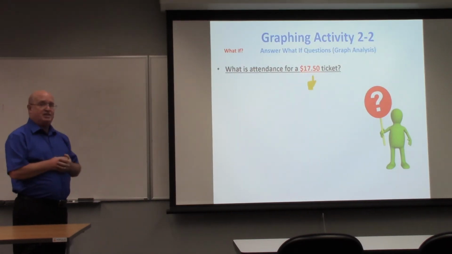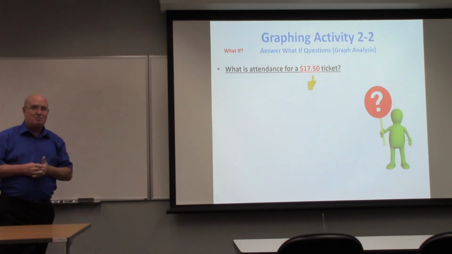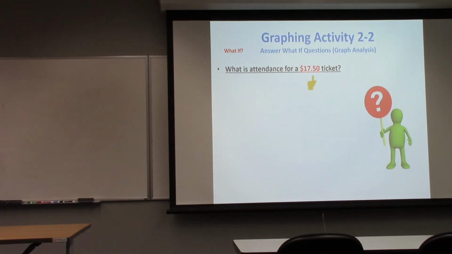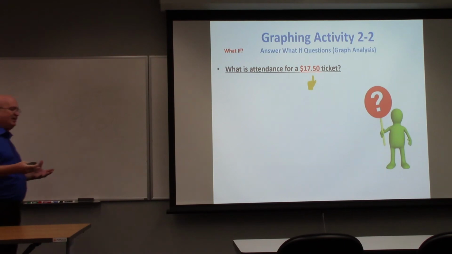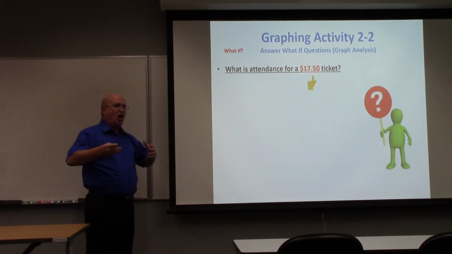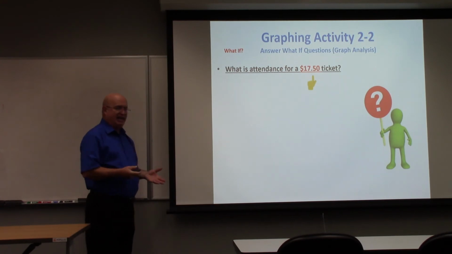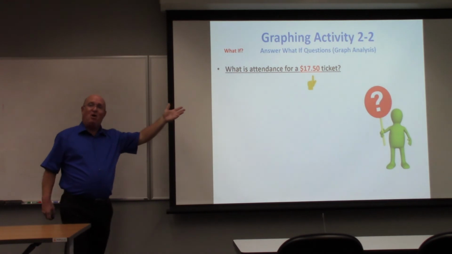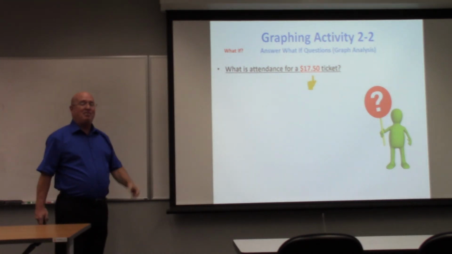Now, what is attendance for $17.50 a ticket? Some of you that might not have exactly gotten the last one might still be scratching your head. Those that almost got the last one or did get it are going to say, well, wait a minute, that's halfway between 15 and 20, so I can figure that out that way again.